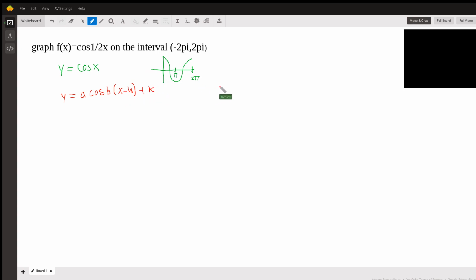And for the transformation, you have to realize that h is the horizontal shift left and right. K is the vertical shift up and down. Absolute A is the amplitude. And 2 pi over absolute B is the period.